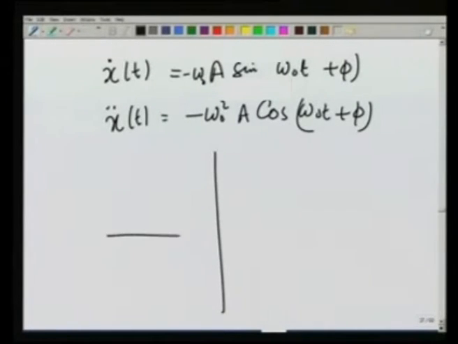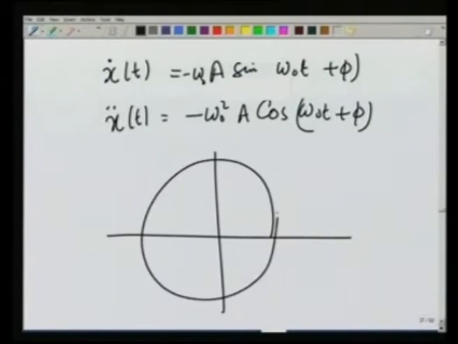If I represent the displacement, velocity and the acceleration on the phasor diagram, if the displacement at any given time is like this, you can easily see that the velocity phasor would be pointing in this direction at 90 degrees to the displacement.